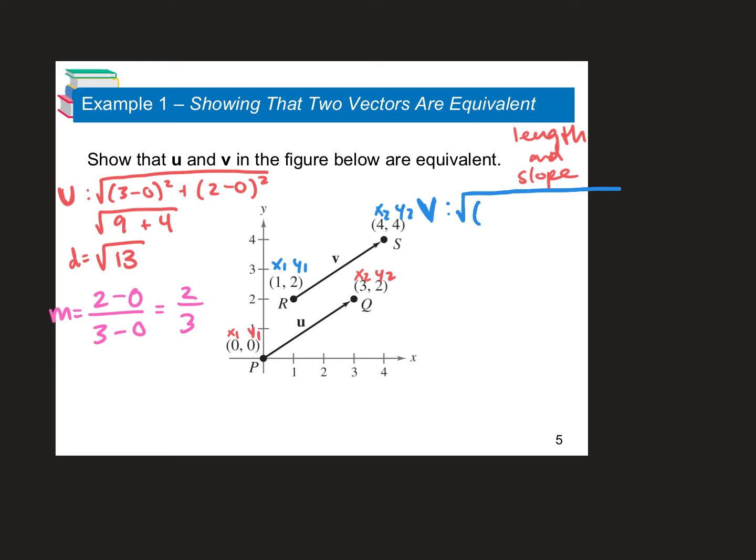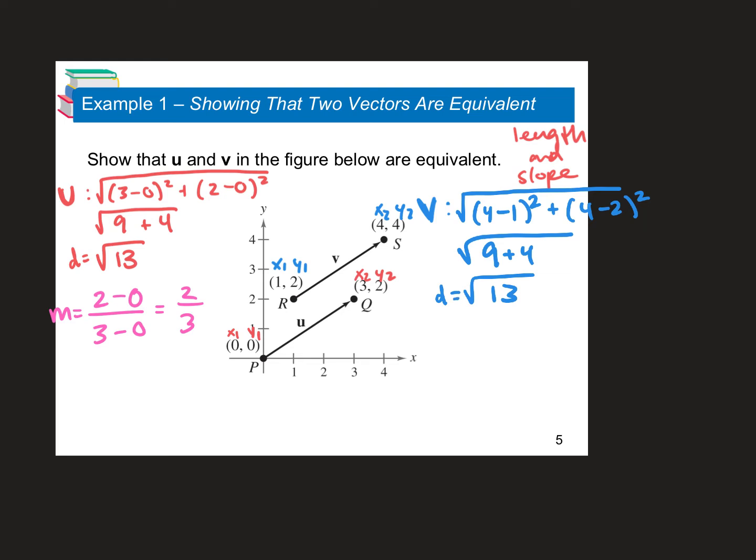All right, so we have 4 minus 1 squared plus 4 minus 2 squared. So 4 minus 1 is 3, and 3 squared is 9. 4 minus 2 is 2, and 2 squared is 4. And 9 plus 4 is 13. So our distance is the square root of 13, which is the same.